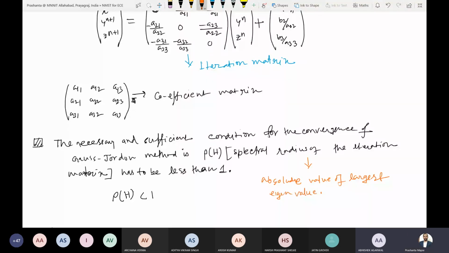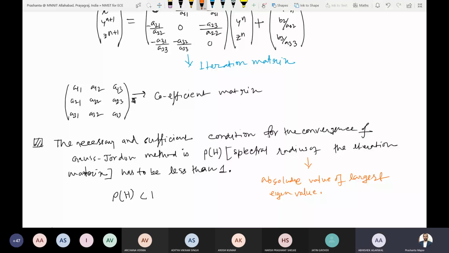So you know what is eigenvalue, eigenvector. So the largest eigenvalue will be the spectral radius of the iteration matrix, and it should be less than one. If that happens, then that will be the necessary and sufficient condition.